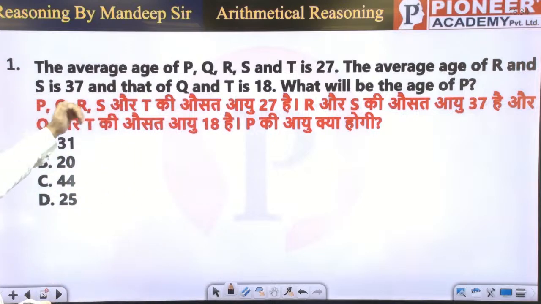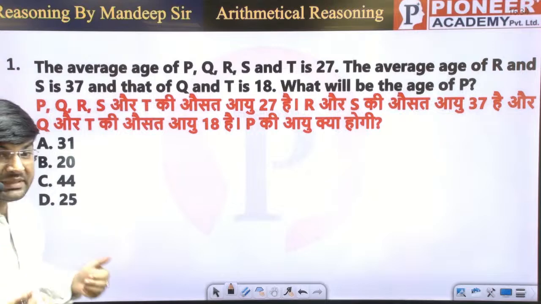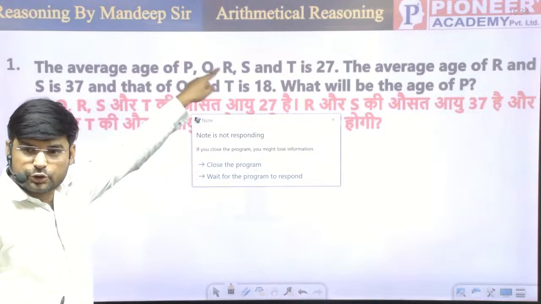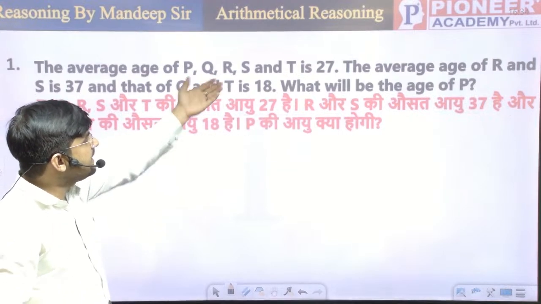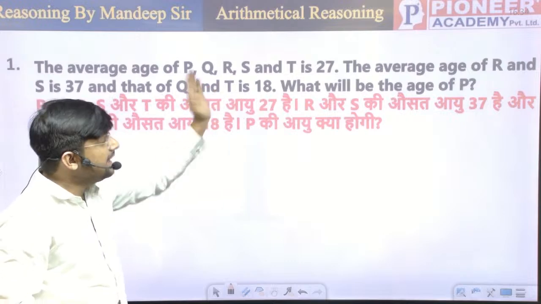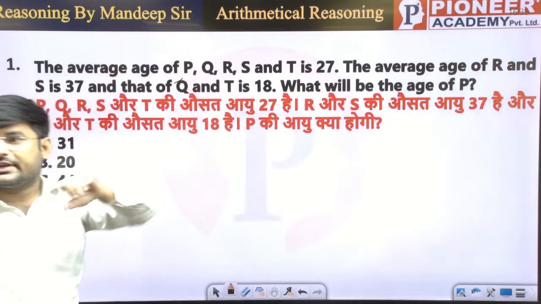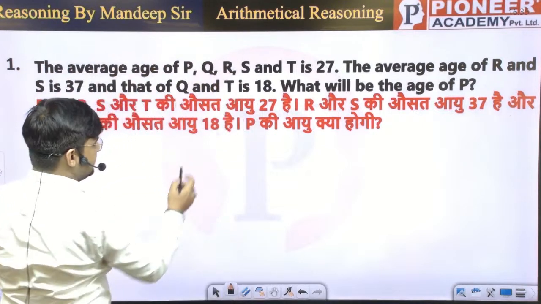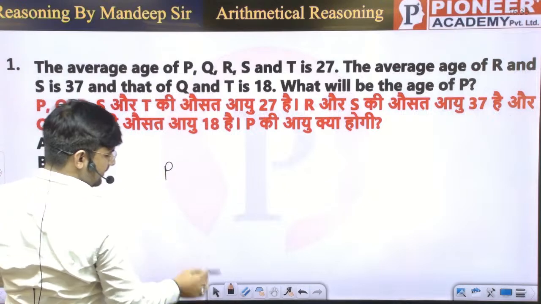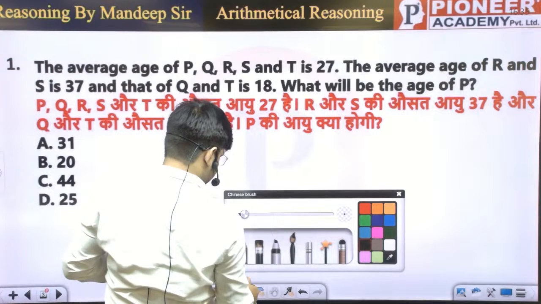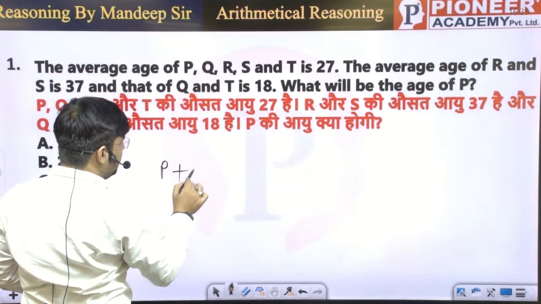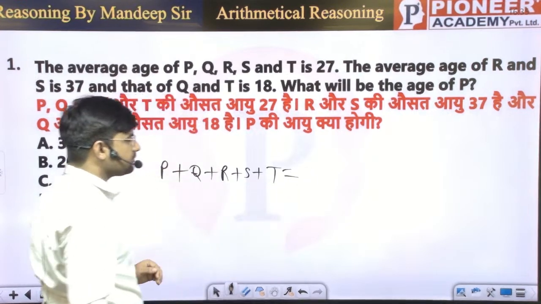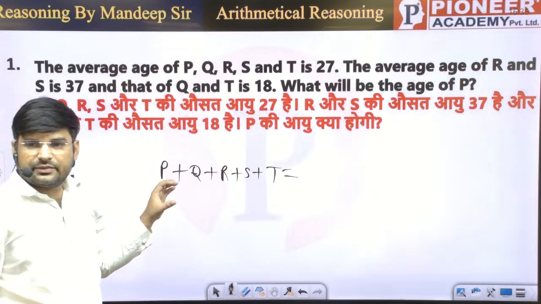For example, the average age of P, Q, R, S and T is 27. It means let's assume P's age is 27, Q's age is 27, R's age is 27, S's age is 27 and T's age is also 27. So if we add all the ages, P plus Q plus R plus S plus T, what is the sum?